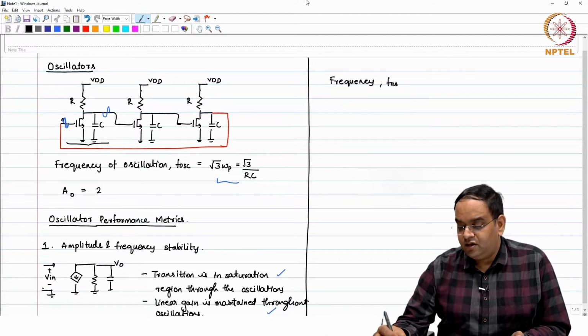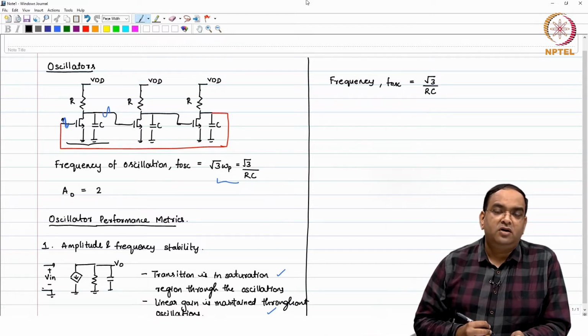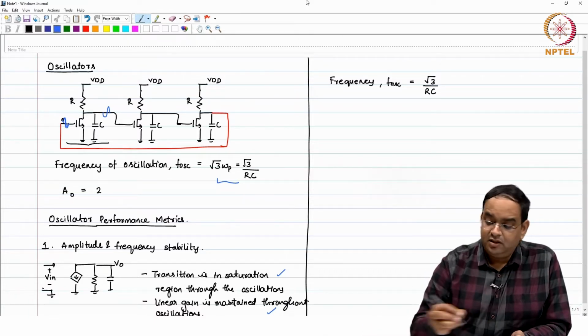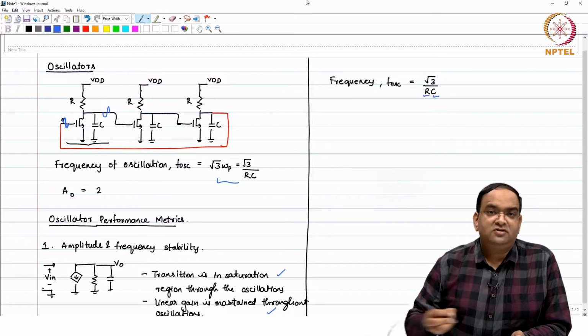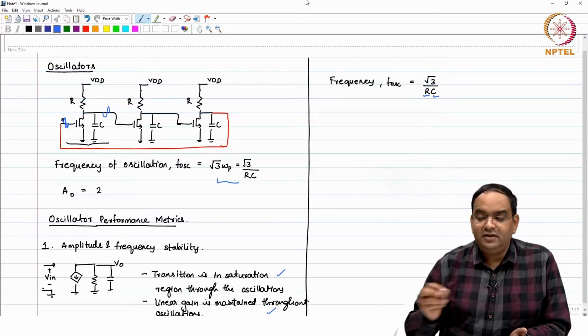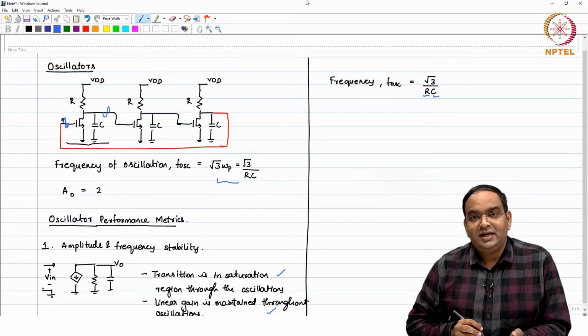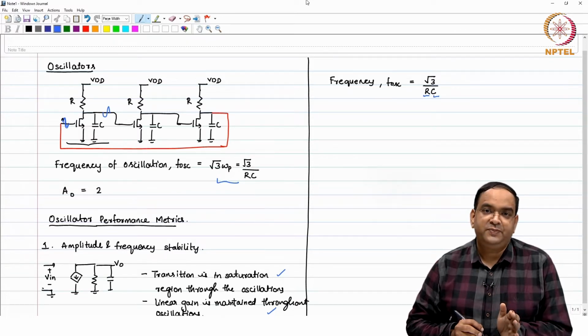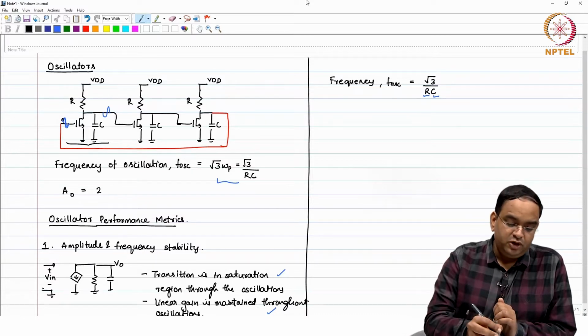When we talk about the frequency of this oscillator, f oscillator here is root 3 by RC, which depends on the resistor and the capacitor. Okay. So, as long as we maintain these resistor and capacitor values, the frequency of the oscillator is fixed. It is not going to vary.